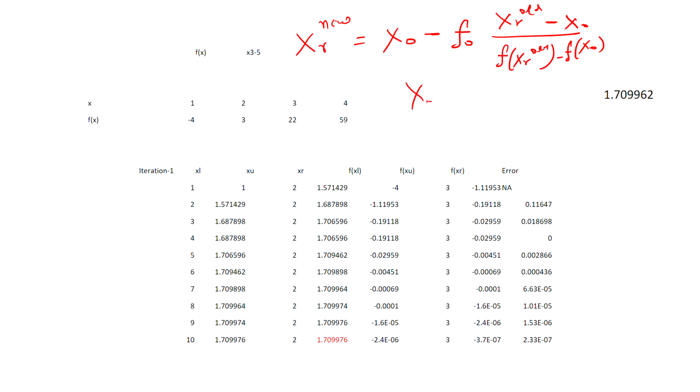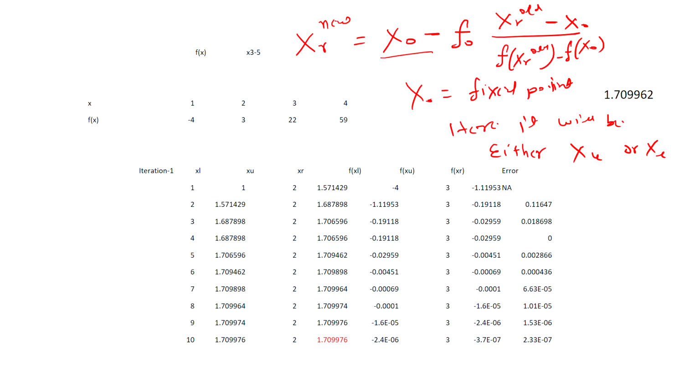So this X naught is the fixed point, and it will be either XU or XL, whatever we choose. So this can be XU or this can be XL, but the new value of this XR will be calculated like this.